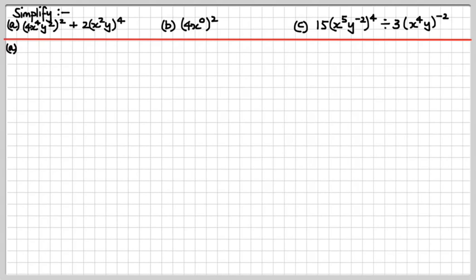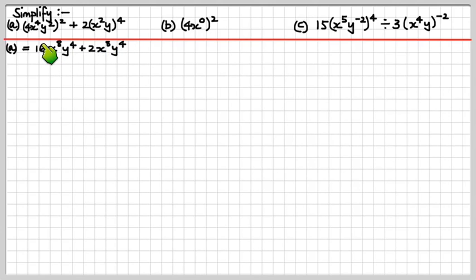Here's A. Now, you've got to remember with this one that a lot of students forget that everything in that bracket is squared, including the 4. Did you forget that? Hopefully you didn't. So basically it's 16 x to the 8 y to the 4 plus 2 times x to the 8 y to the 4. So looks like we've got x to the 8 y to the 4 terms here. So they're similar terms.